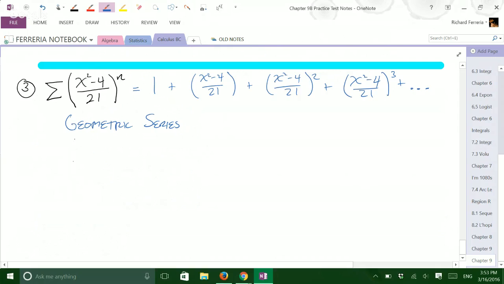The absolute value of the ratio needs to be less than 1. The absolute value of x squared minus 4 over 21 needs to be less than 1. So the absolute value of x squared minus 4 needs to be less than 21.